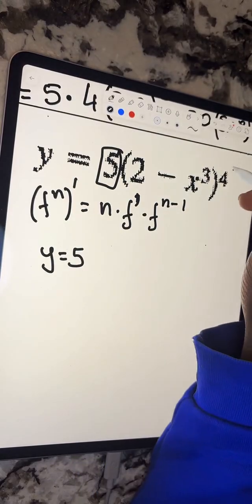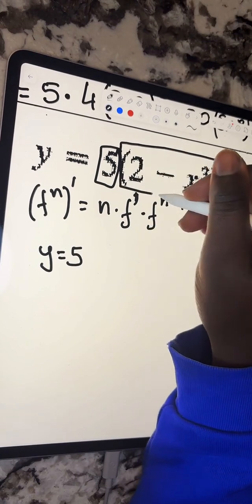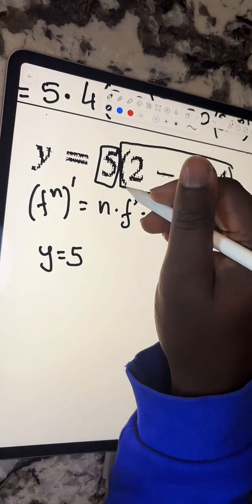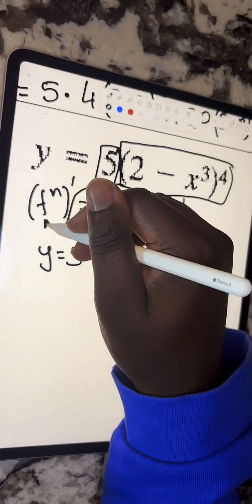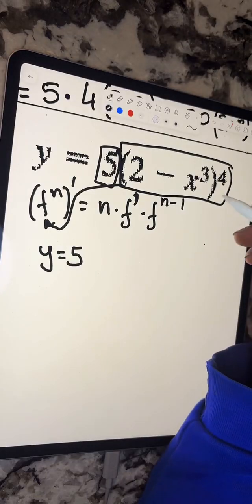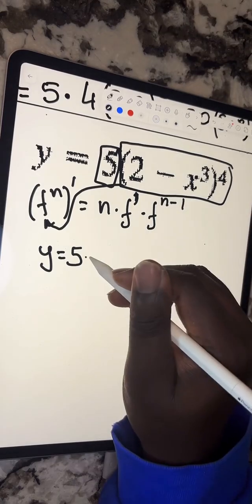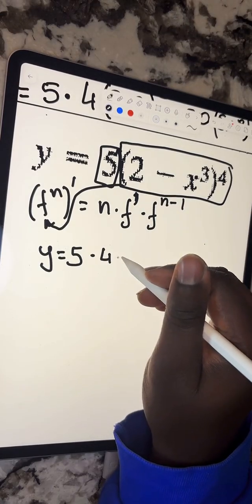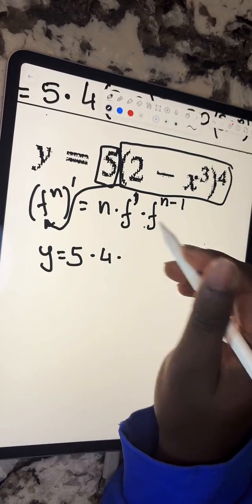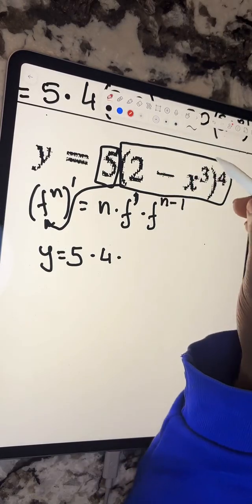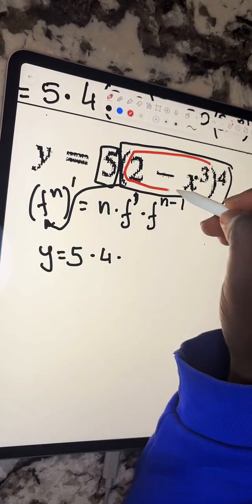Now I'm focused on this. This is going to be f to the power of n. Now all we have to do is use the formula. So n is 4 here, so that will be 5 times 4 times f prime. Basically, we're looking for the derivative of 2 minus x cubed.